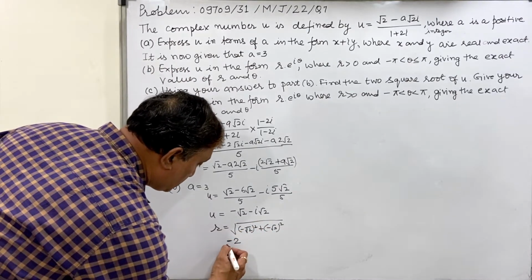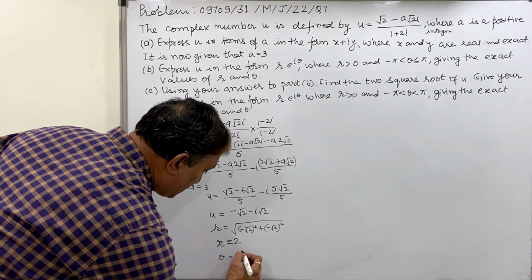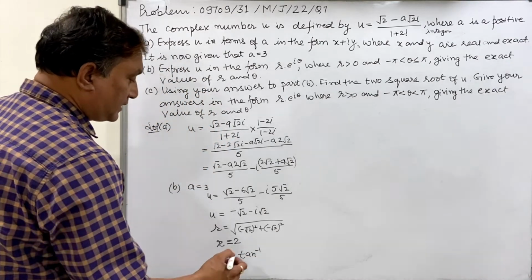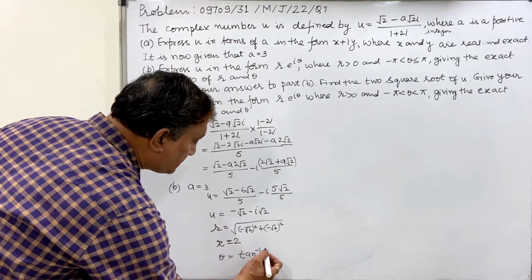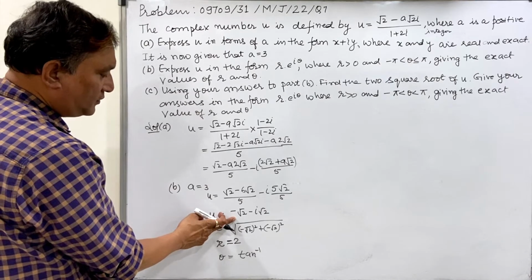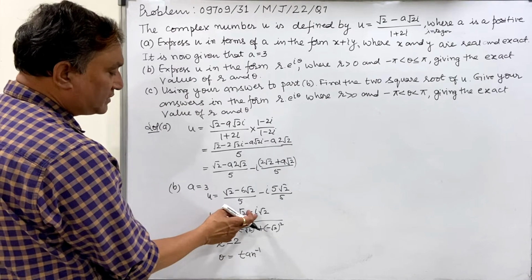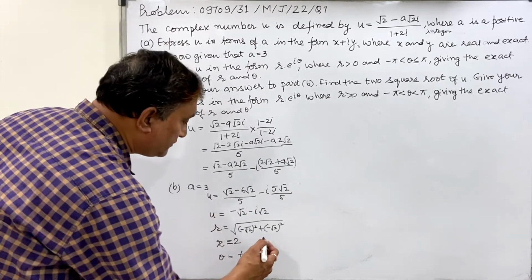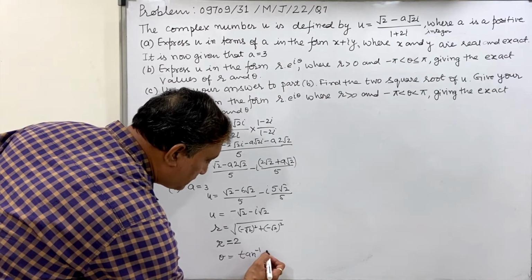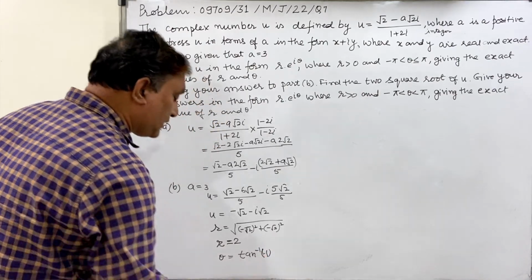Now for theta, tan inverse of minus b upon a, that would be minus 1 here.